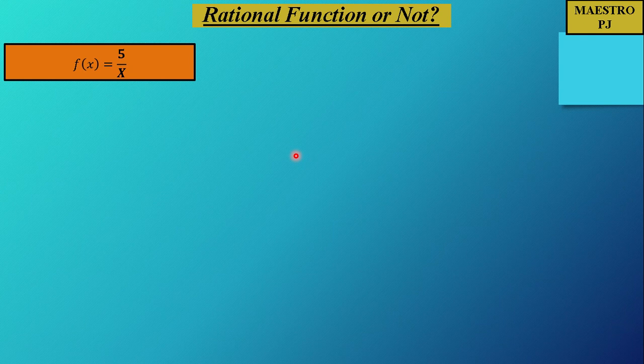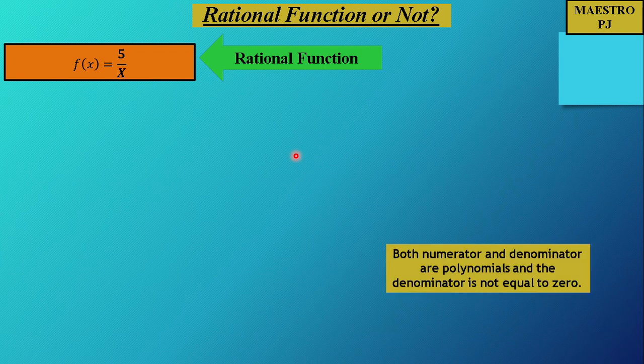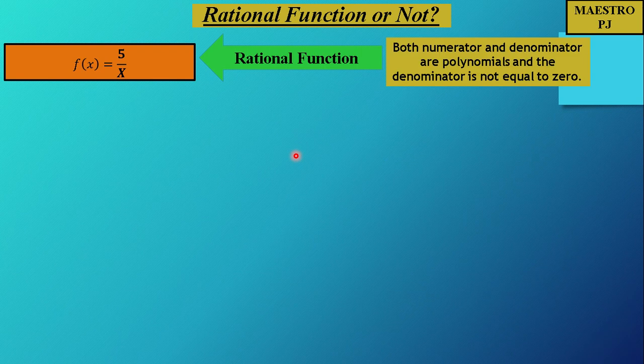F of x is equal to 5 over x. Is this an example of a rational function or not? So the answer is, it's an example of rational function. Why? Both numerator and denominator are polynomials, and the denominator is not equal to 0.